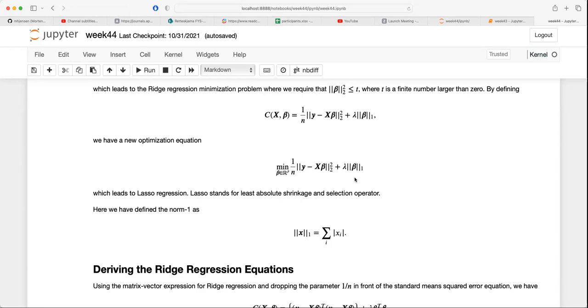Because then suddenly we have an if test, and we have to test whether the value of beta is less than 0 or larger than 0, and then we put it to +1 or -1. Then the problem we have is that you have a discontinuity when beta is equal to 0, and many practitioners just put the value to 0 there.